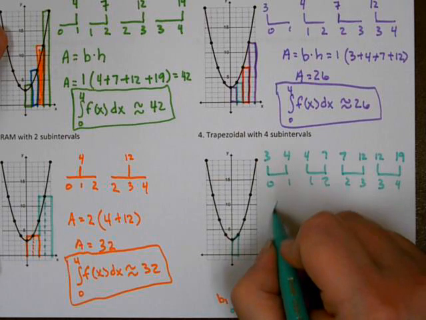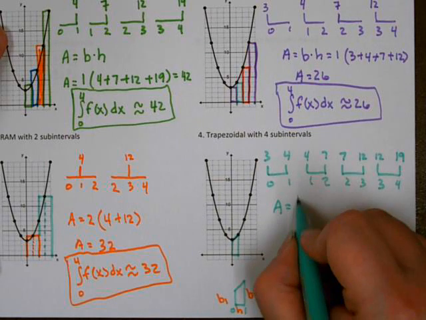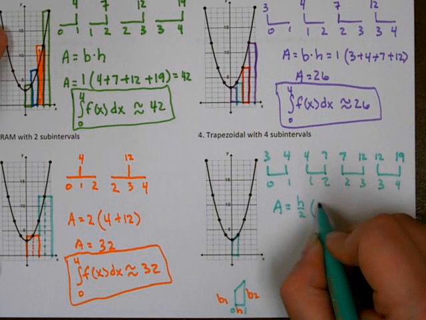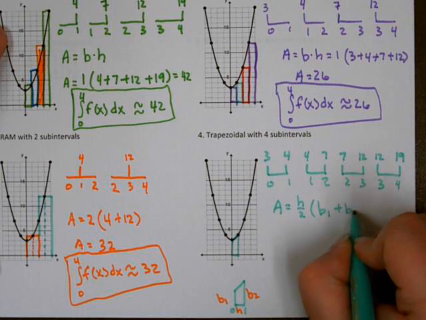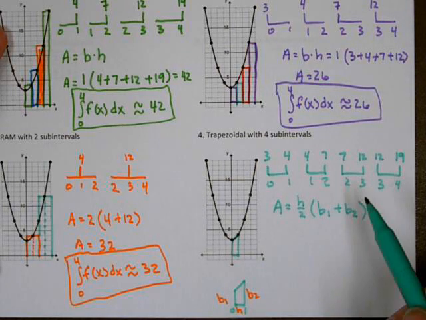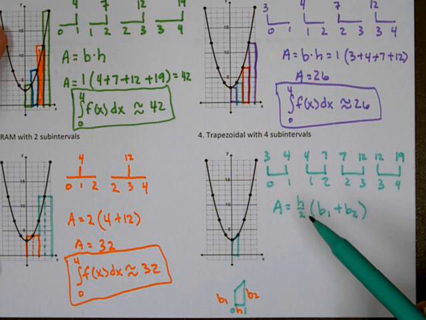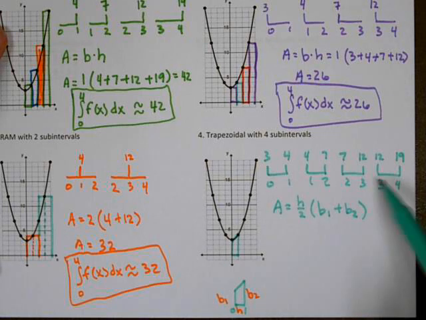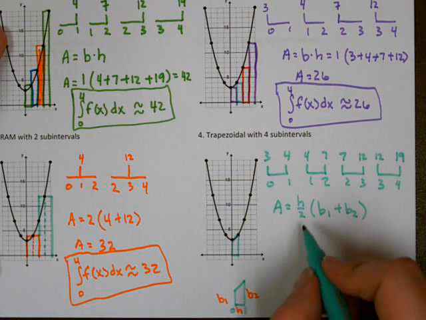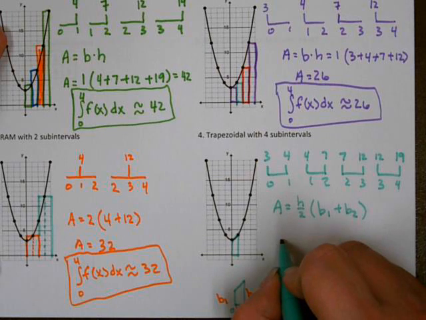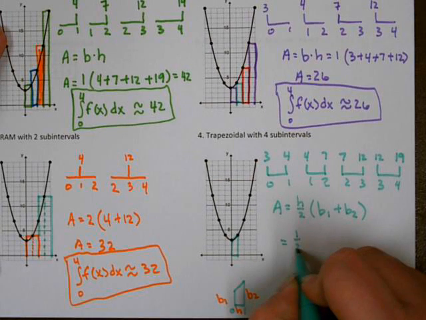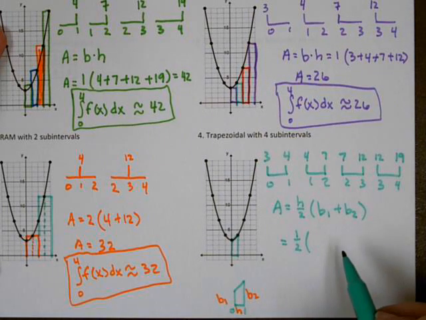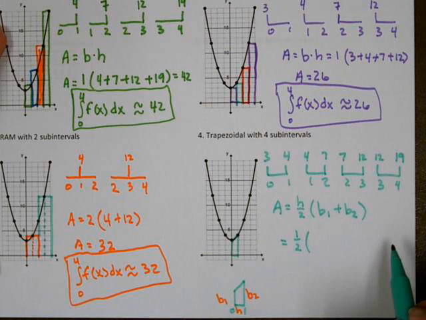We know the area of a trapezoid is h over 2 times b1 plus b2. Each of these trapezoids has the same height because each of these subintervals is 1. So for each of these, I can just make it a 1/2 on the outside, and now I'm just going to add together all of the bases.